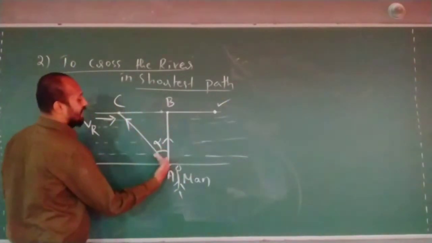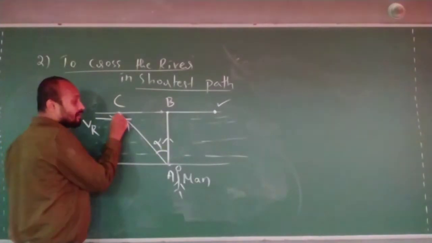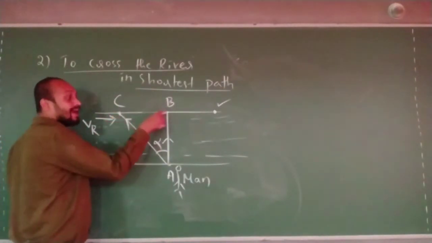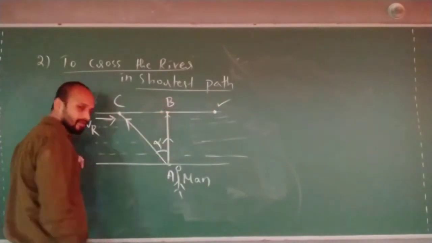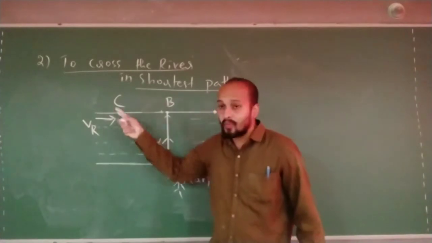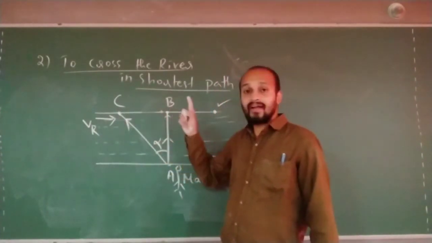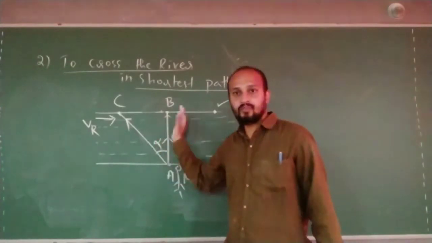He will make a certain angle and try to move like this towards point C, such that by the time he is reaching point C, actually he will be reaching point B. Imagine he is moving here to reach point C, but where will he reach? Point B. In reality, he will reach point B.